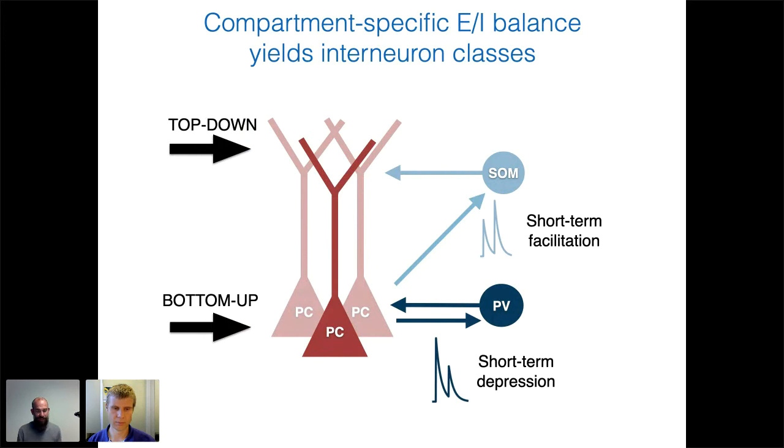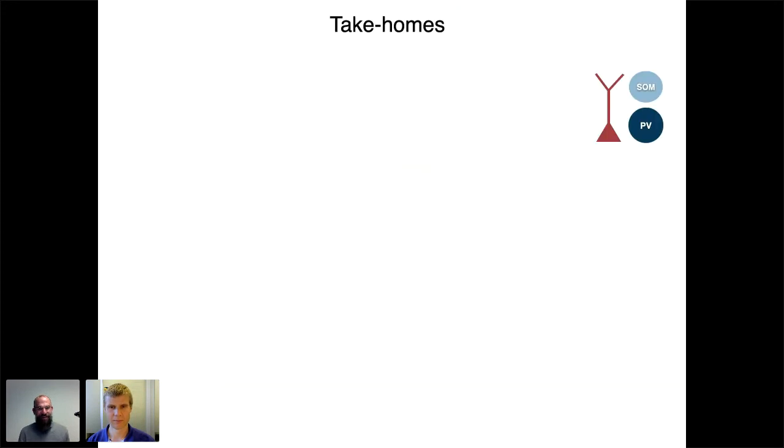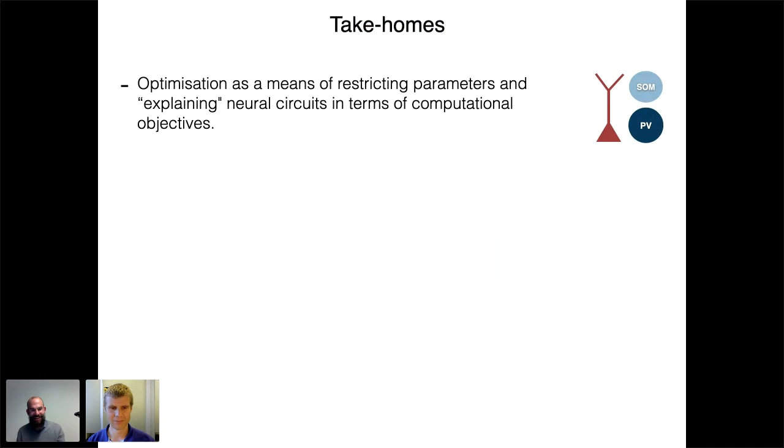Okay? And this is basically the circuit that we get out through the optimization procedure using surrogate gradients. Okay, little side note, this feed-forward inhibition we also see, which doesn't map so nicely to cortex, but that's probably more for the aficionados. Okay, I think it's time to summarize, if I'm not mistaken.